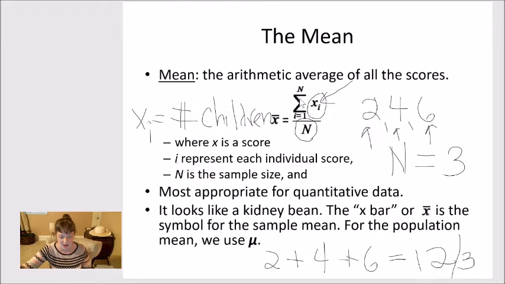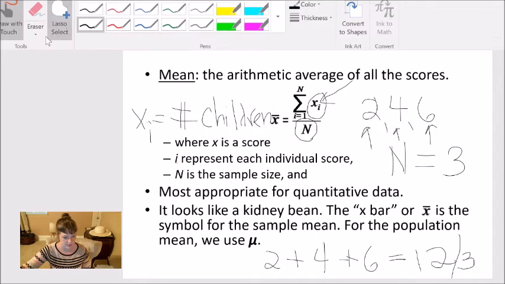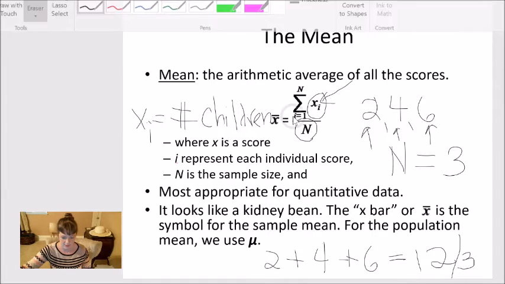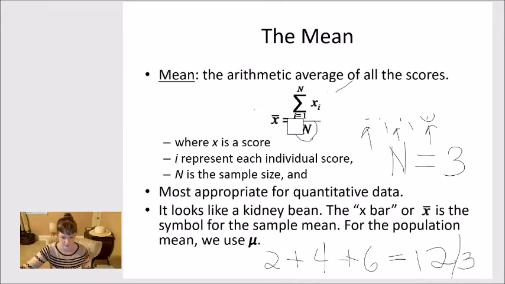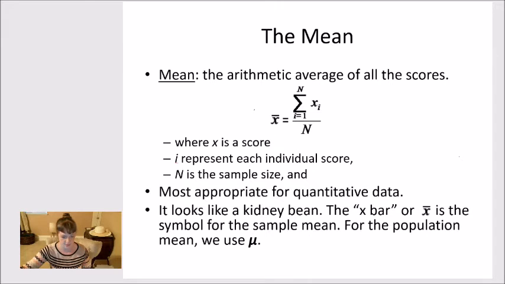that there is a sigma in the top, and there's an N in the bottom. If I was going to draw a shape around the sigma and the N, I think it makes something that looks kind of like a kidney bean.